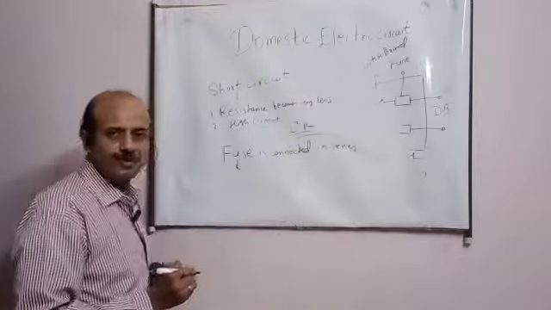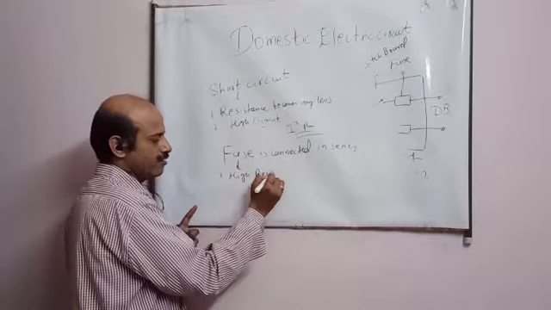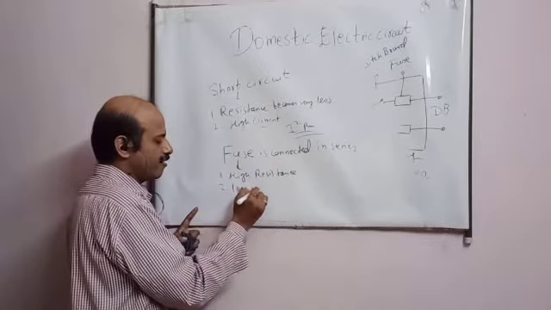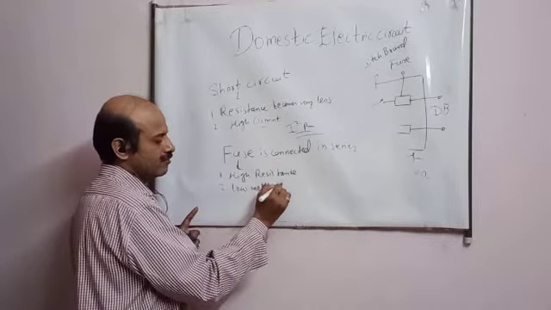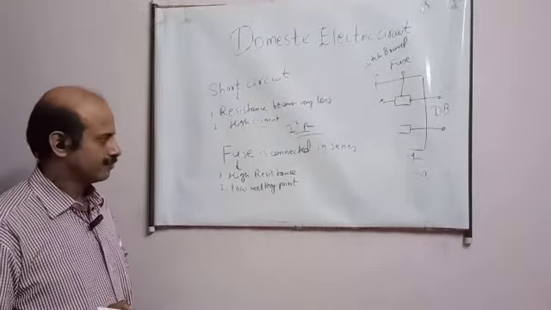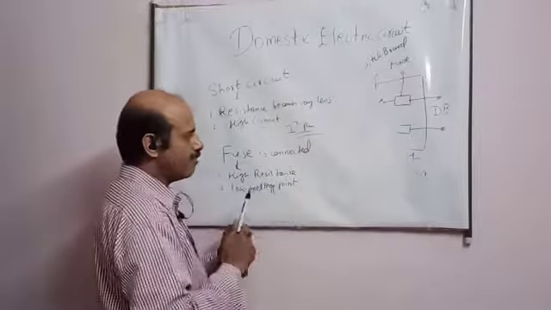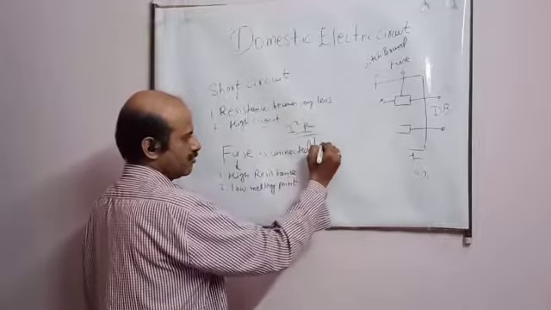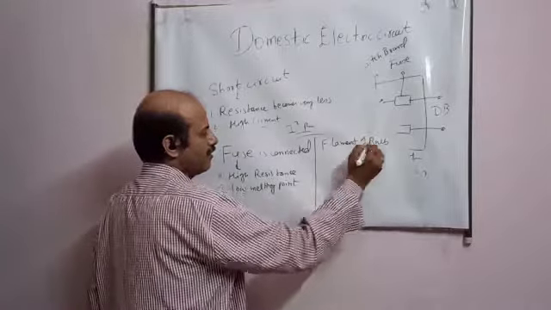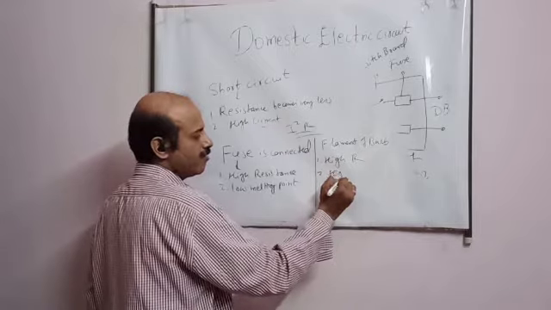The property which a fuse should have: it should have a high resistance, student, to produce the heating effect. Second, it should have a low melting point. On the other hand, the filament of a bulb should also have high resistance but a high melting point.